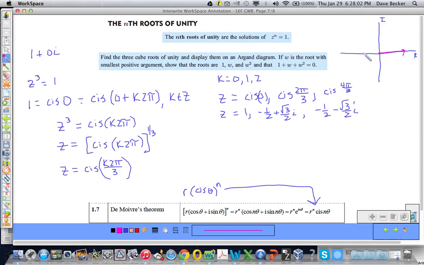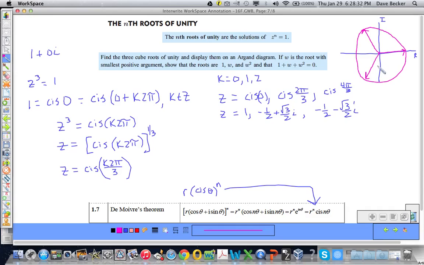And then for negative 1/2, root 3 over 2, that's going to be at the 2 pi over 3, and then this is going to be at the 4 pi over 3, negative 1/2, negative root 3 over 2. And remember one of those properties, if these are the roots of unity, then they're all going to lie on the same circle, especially if you're drawing the circle.